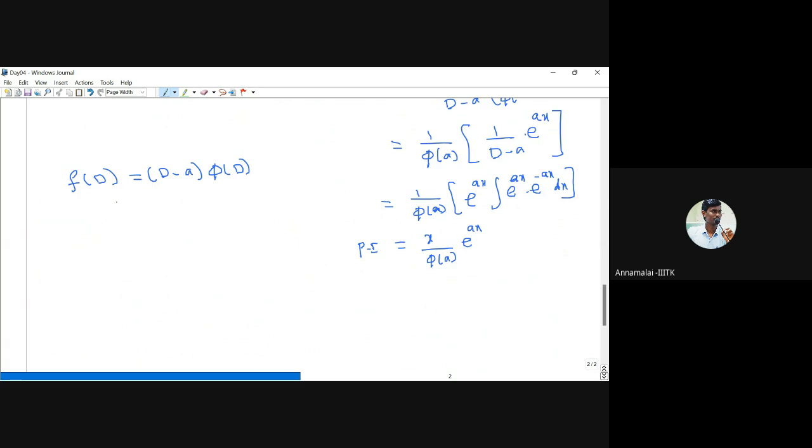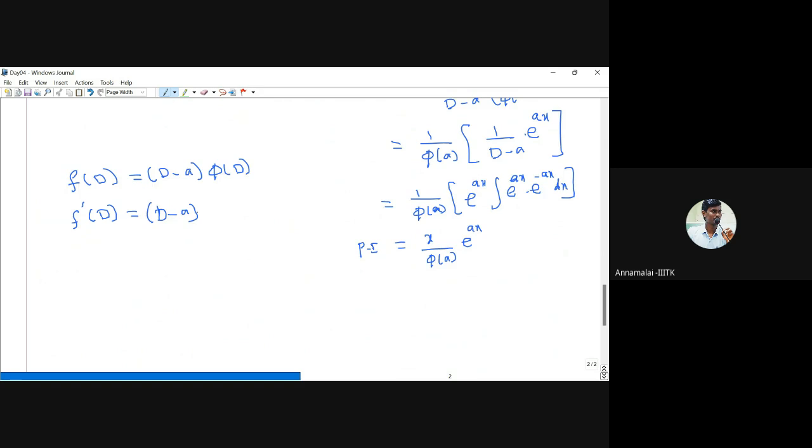Differentiate both sides, so we get f dash of D. You have to apply the uv method. First we fix D minus a and then differentiate phi.